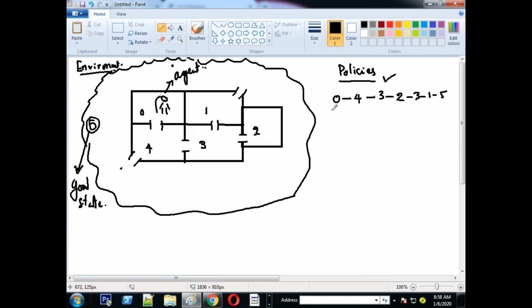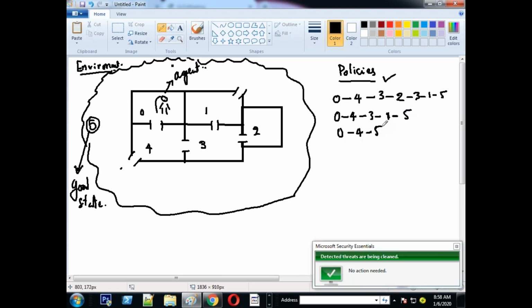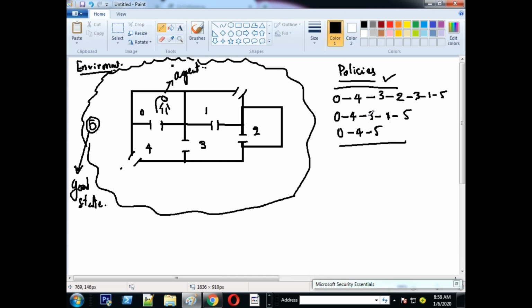Second policy, just observe. 0 to 4. 4 to 3. 3 to 1. 1 to 5. Another policy: 0 to 4. 4 to 5. Among all the policies, which policy is cheapest? 0 to 4, 4 to 5. Which policy cost is less?